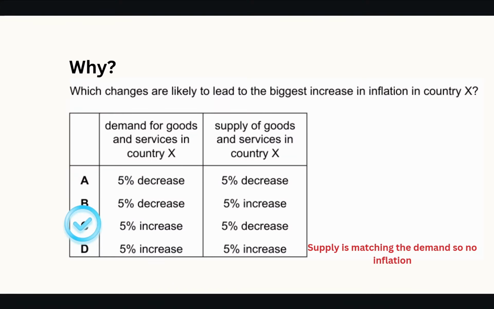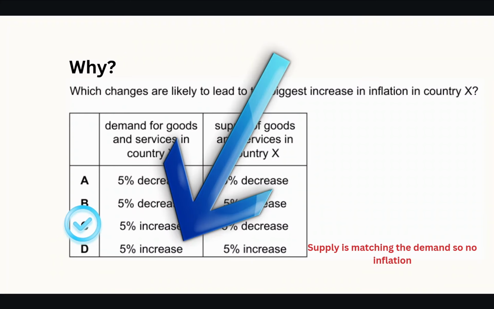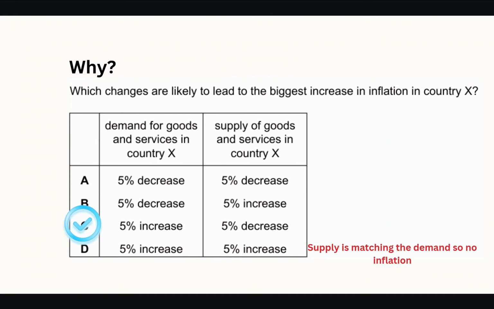Option D, a 5% increase in the demand for goods and services in country X and a 5% increase in the supply of goods and services in country X. Now you will see that I have an increase. In this case, the two are matching each other and there is no inflation. So in other words, supply is matching the demand.